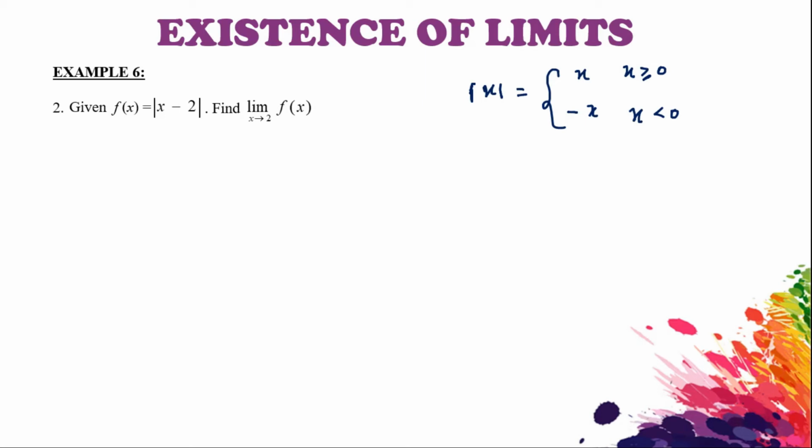So from this question, we have f(x) equals positive x minus 2 for x greater than or equal to 2. Then the second one, we have negative x minus 2 for x less than 2.